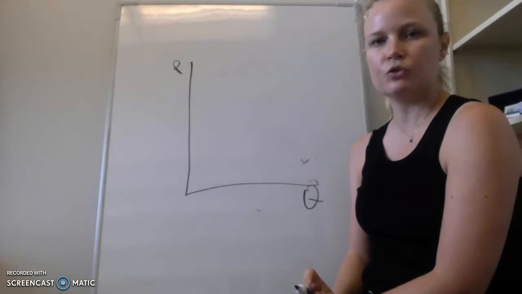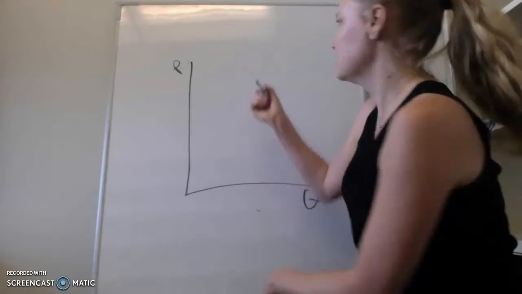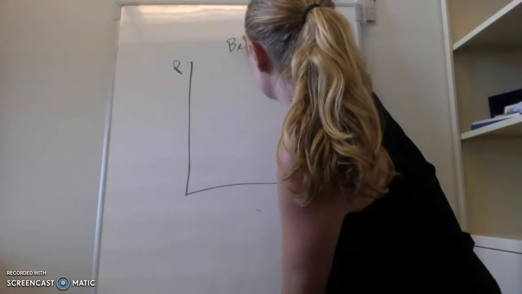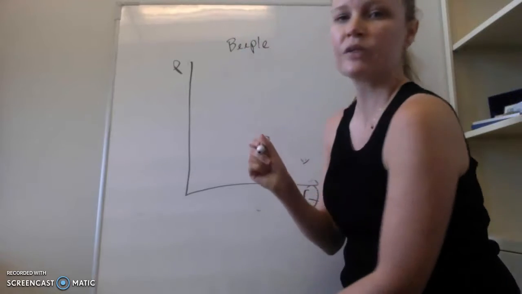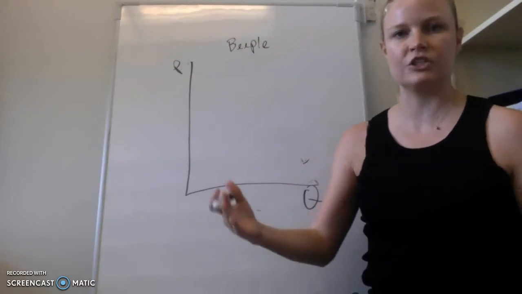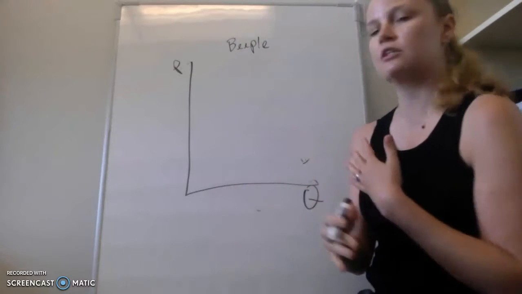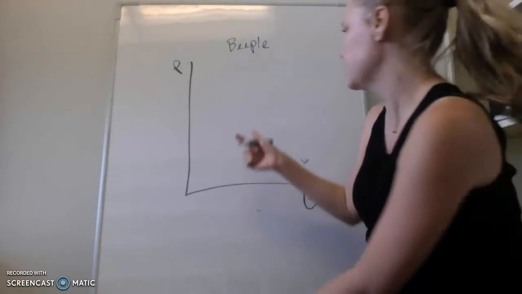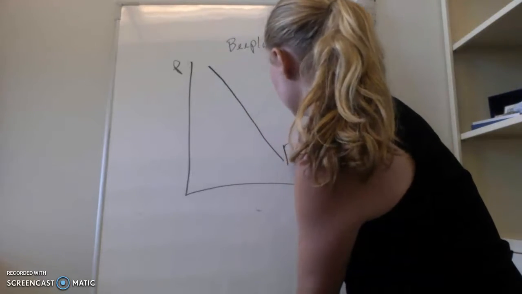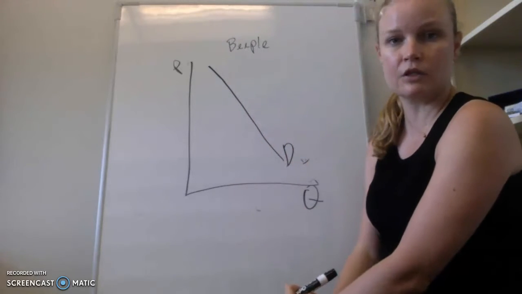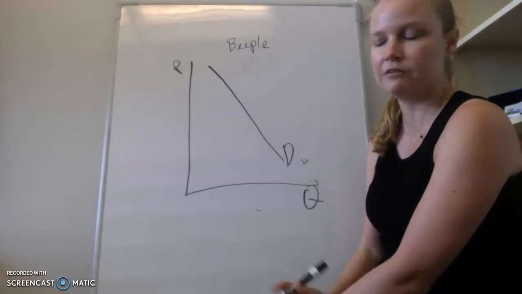What I'm going to do is draw the market for Beeple paintings, whatever they are, before the switch that I'm arguing happened. So I'm just going to draw typical demand, typical supply. I'm drawing a demand curve, a downward sloping line. Line is totally fine.